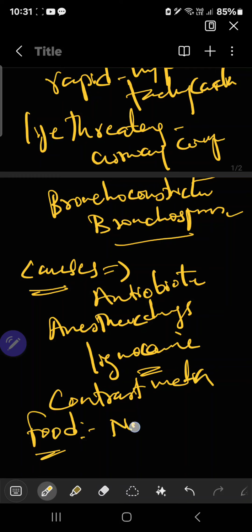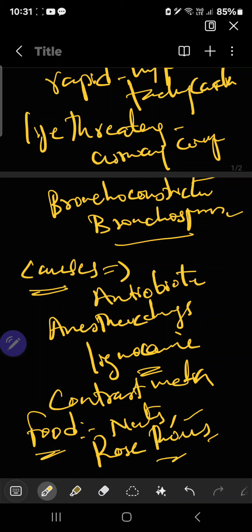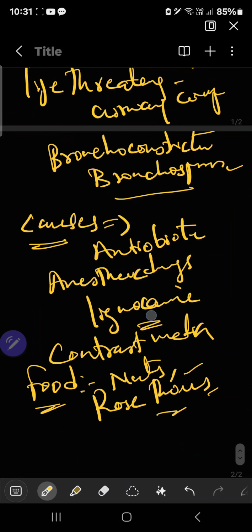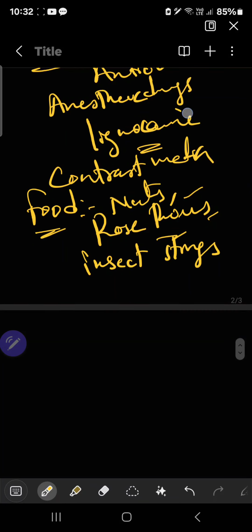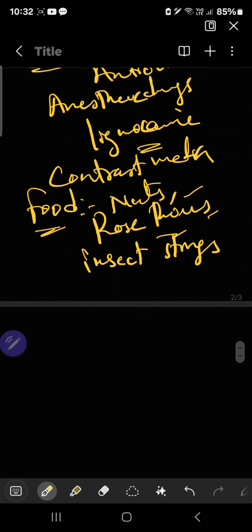Regarding food, for example nuts and other stuff, and rose thorns may also cause hypersensitivity reactions, and insect stings. Those are some of the common causes.